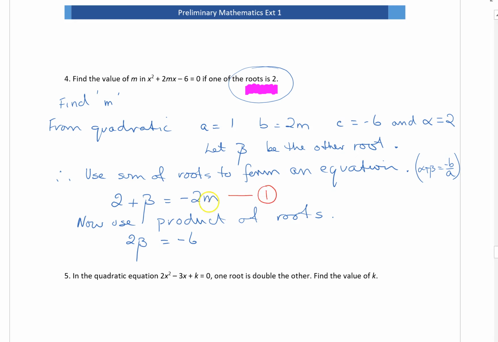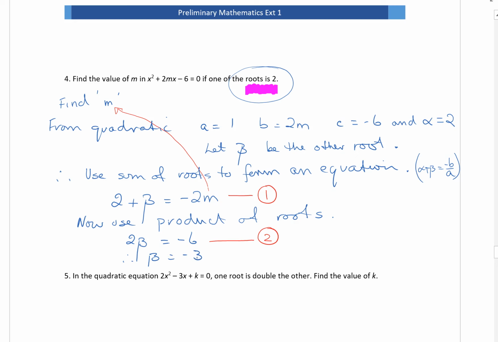I've produced this equation, and my unknowns are beta and m. Quite good, because remember, I'm trying to find m. But if I've got 2 unknowns, I need 2 equations. And here is my second equation, and it's just got beta in it. Actually, that's perfect. 1 equation, 1 unknown, I can solve that. So therefore, beta must be minus 3.